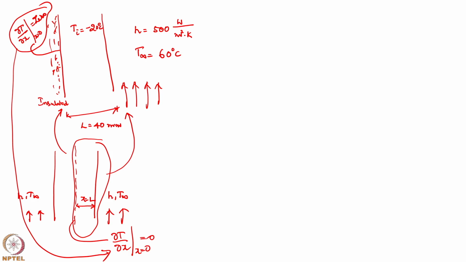Now I need properties. At what temperature should I take them? I should take the properties at the average of minus 20 plus 60 divided by 2, that is at 20 degrees Celsius or 293 Kelvin.